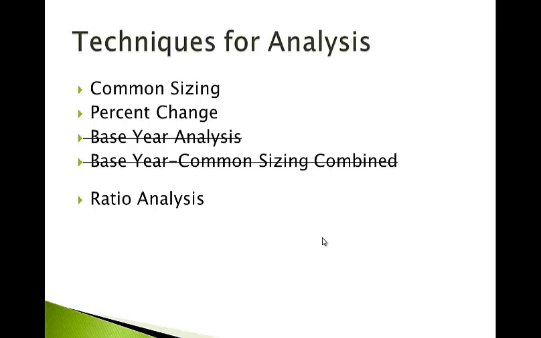It's pretty easy. So the way you calculate a percent change in anything is just going to be your ending value minus your beginning value divided by the beginning value. So it's the change, ending minus beginning, divided by the beginning. Whenever we calculate a percent change, all we're doing is looking at the change as a percentage of that beginning balance.